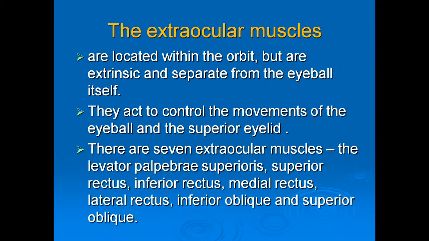There are 7 extraocular muscles: the levator palpebrae superioris, next 4 rectus muscles, superior rectus, inferior rectus, medial and lateral rectus muscles, and 2 oblique muscles, inferior and superior oblique.